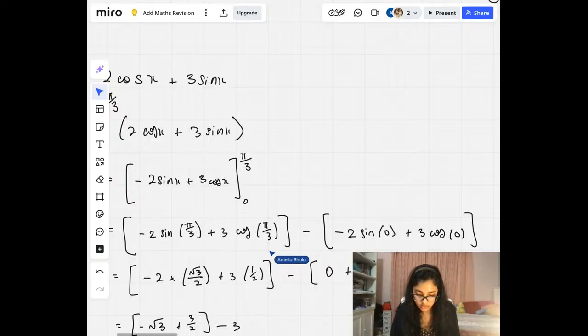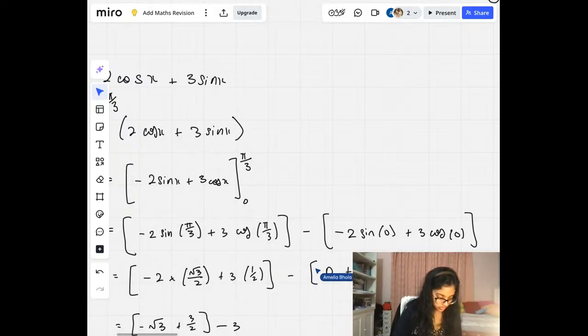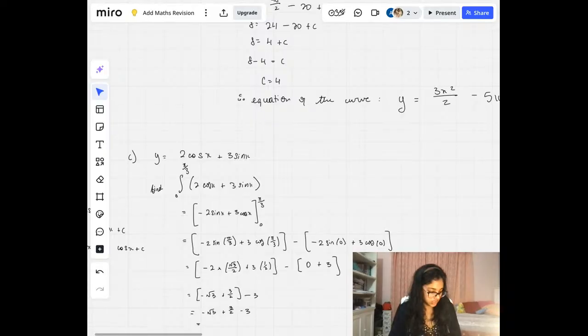Negative 2 sine. Yeah. What nonsense did I do? I have a 3, it's a half, that's 3 halves. And then I've taken away the... I think I went wrong somewhere.